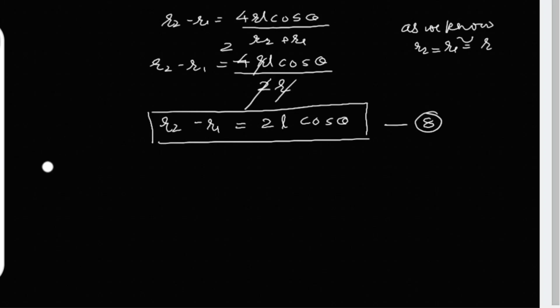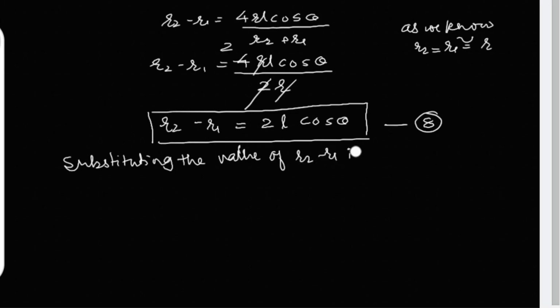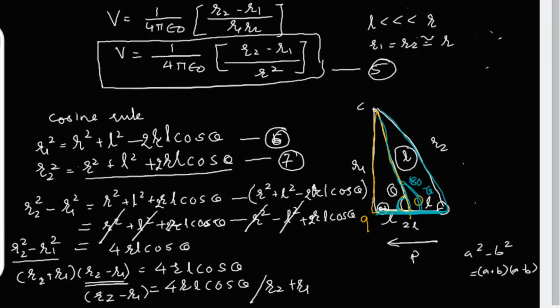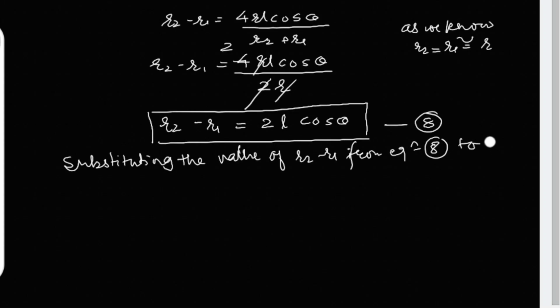Let us consider, so substituting the value of r2 minus r1 from equation 8 to the equation we considered, that is the fifth equation, equation 5.